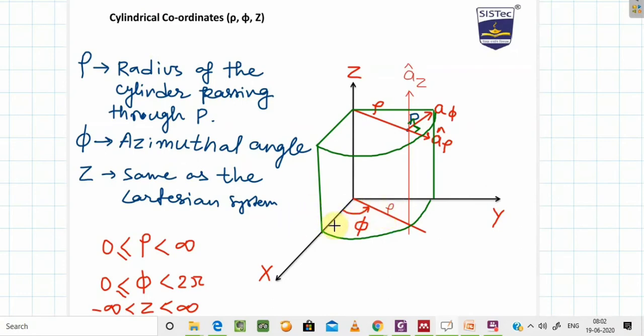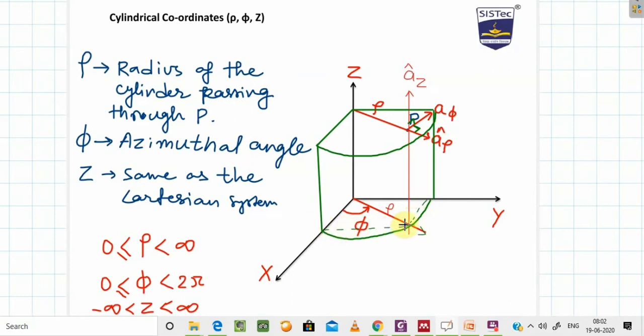If I try to resolve it into its x and y components, we can see that this rho vector can be resolved into two components, one like this and another like this.